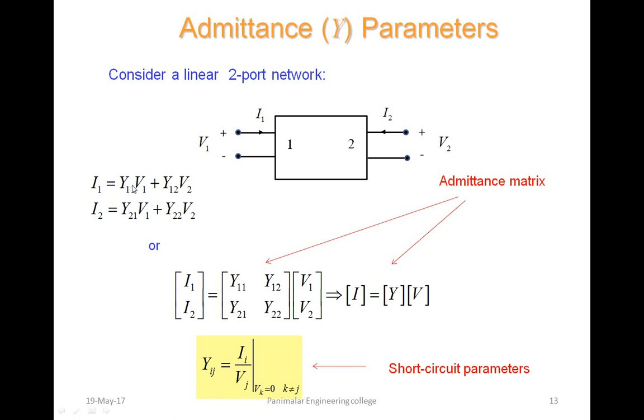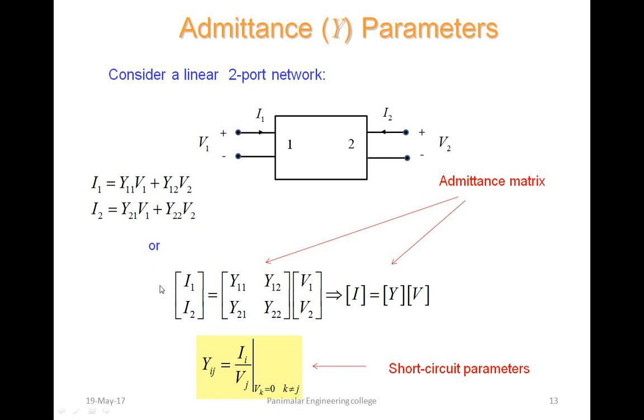So Y11 into V1 plus Y12 into V2 is equal to I1, that is the current at port 1. And the expression for current at port 2 is written as Y21 into V1 plus Y22 into V2.